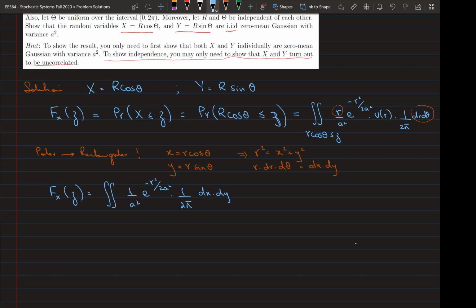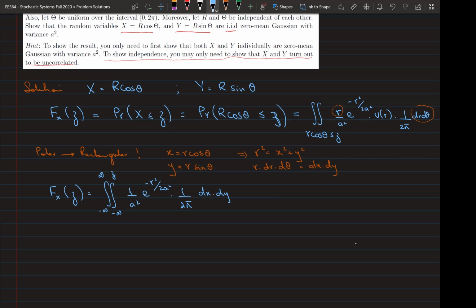The condition that r cosine theta is less than or equal to z is just the condition that x is less than or equal to z, and therefore x must be integrated from minus infinity all the way up to z, and y is of course from minus infinity to plus infinity.